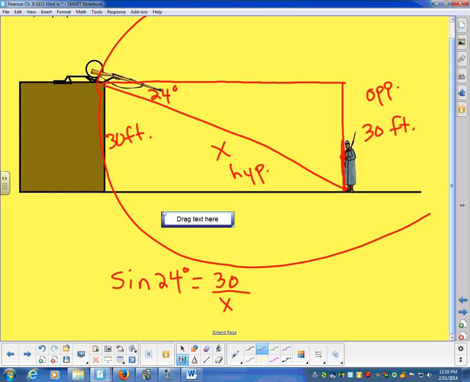I'm right up here at the 24 degree angle. The 30 that's given is the opposite. Our setup here is sine of 24 degrees is equal to the opposite over the hypotenuse.